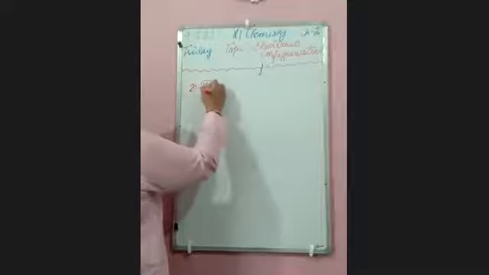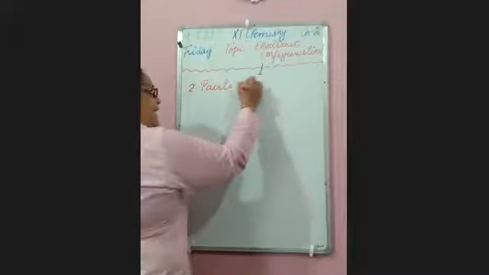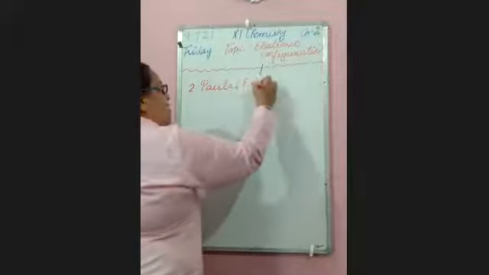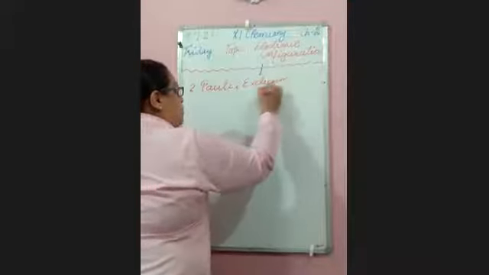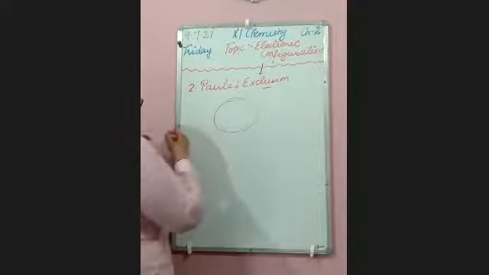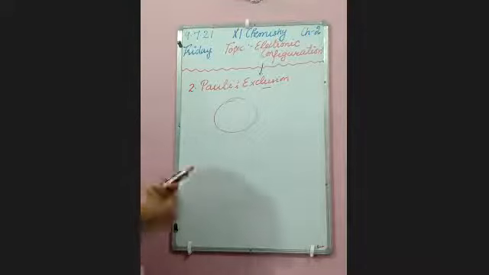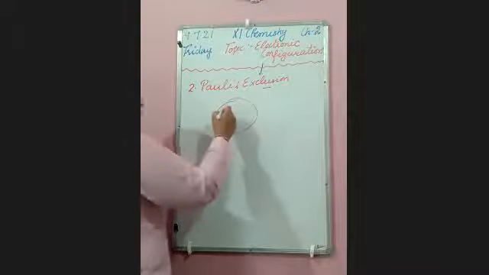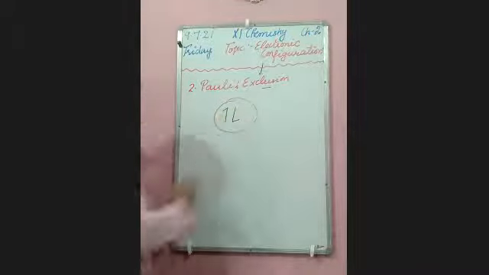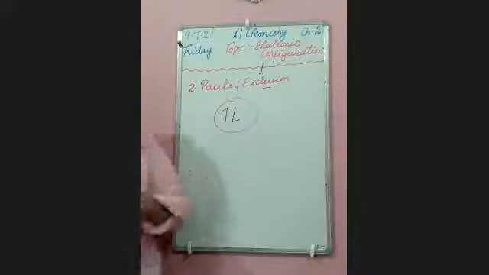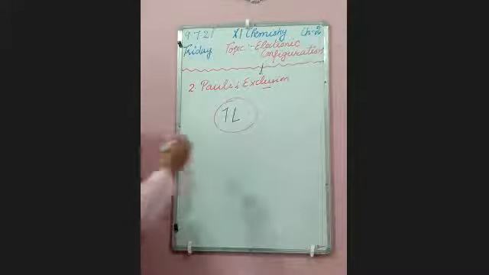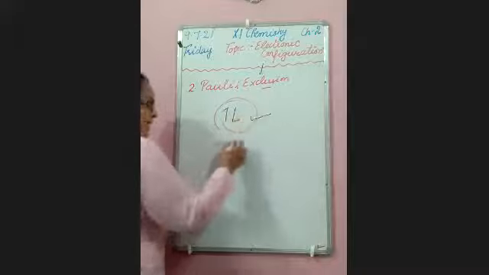This principle states that an orbital can have a maximum of 2 electrons. Suppose this is the orbital. It can have a maximum of 2 electrons and their spins should be different. See, this is correct.